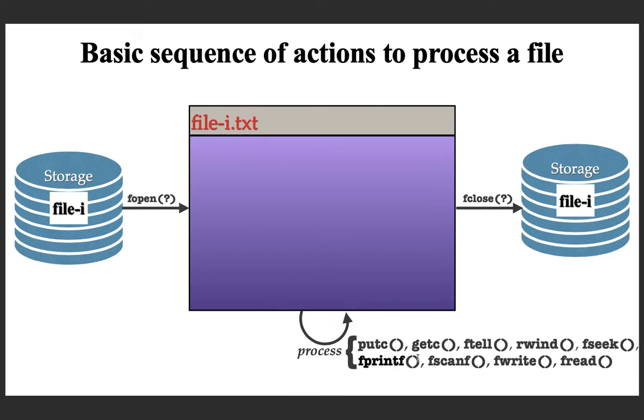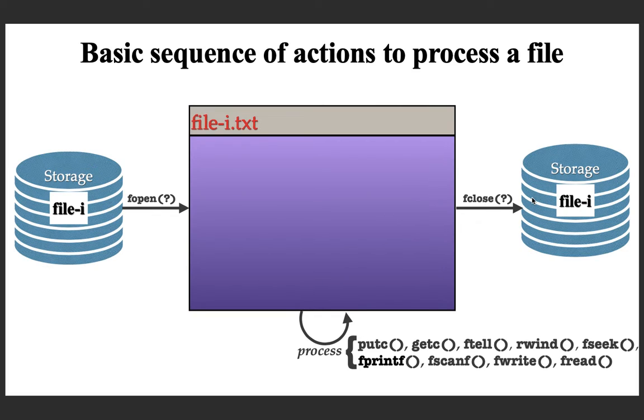If you recall, we have files stored permanently on the secondary storage of the computer, and if you want to perform an operation on an existing file or access an existing file, you have to open that file using the function called fopen, and you can process it using various functions provided by the C language, and finally you can close it.